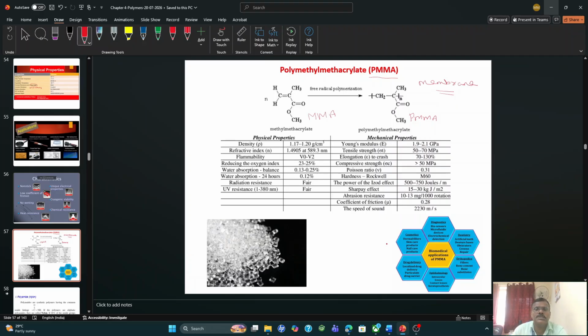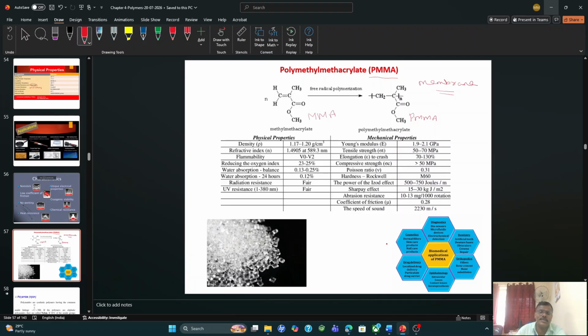Okay. So now physical properties and mechanical properties. Some important properties I have given here: refractive index, flammability, water absorption, and then radiation resistance, UV resistance, and density. Mechanical properties: stress, strain, Young modulus, tensile strength, elongation, compressive strength, Poisson ratio, hardness, stiffness, toughness. All the properties are given here. This is the material photo image.